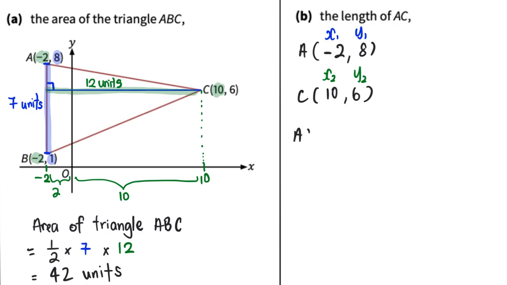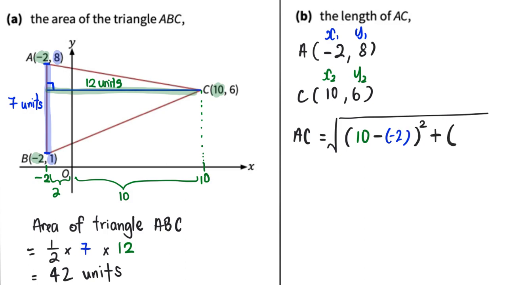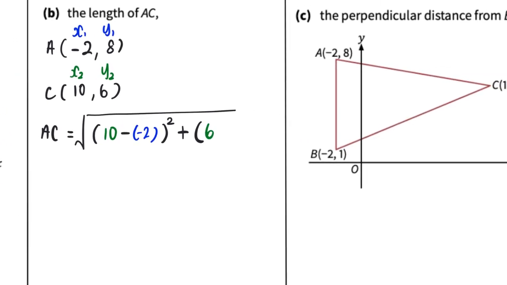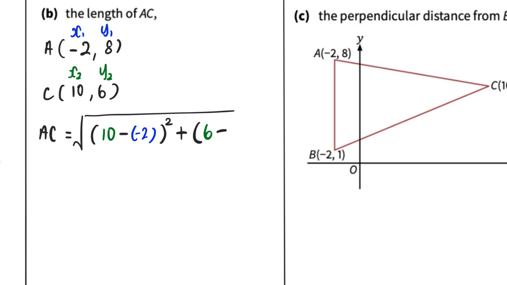So AC is equal to the square root of x2 minus x1 bracket square, plus y2 minus y1 bracket square.